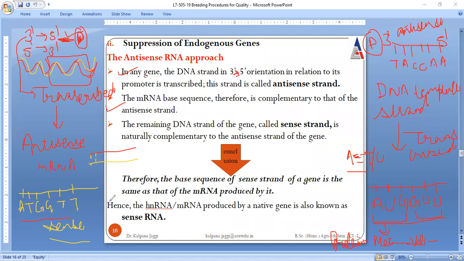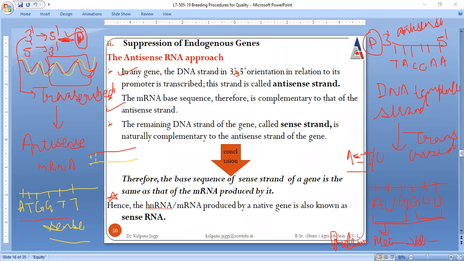That means we can conclude one thing: whatever heterogeneous population of RNA or mRNA is produced, we can consider all these mRNA as the sense RNA. Antisense RNA and sense RNA. I told you this is the antisense RNA, and when antisense RNA is transcribed, it gives rise to mRNA.